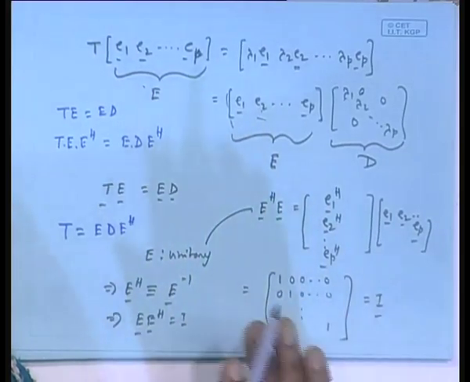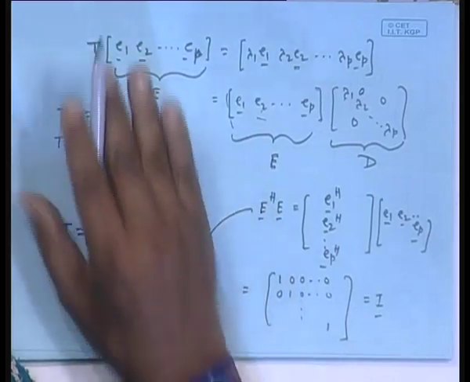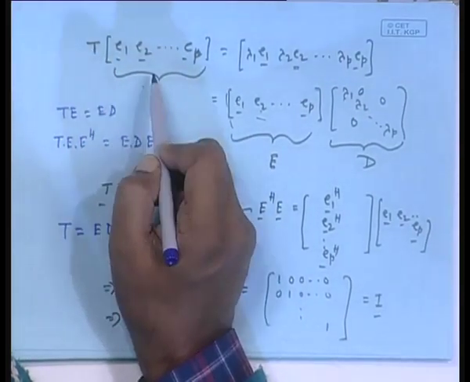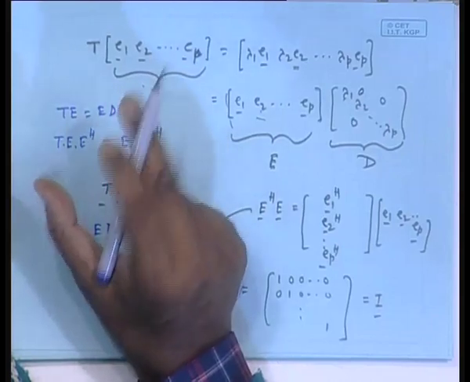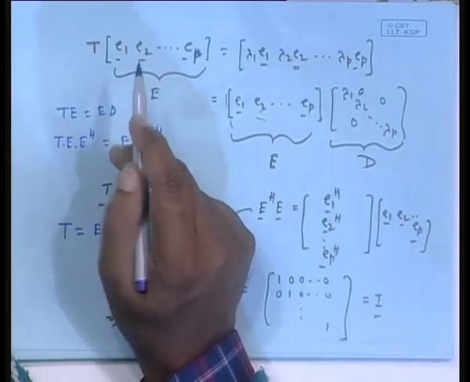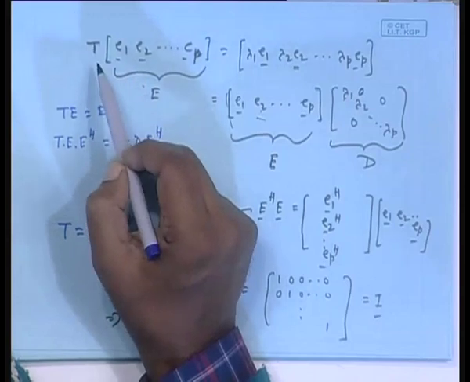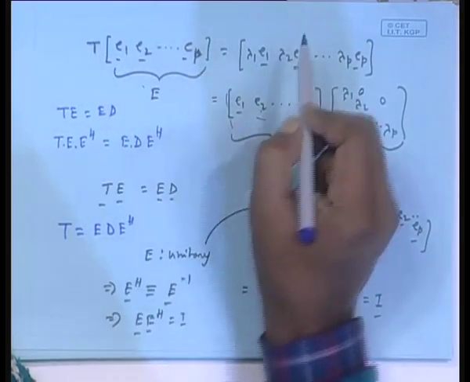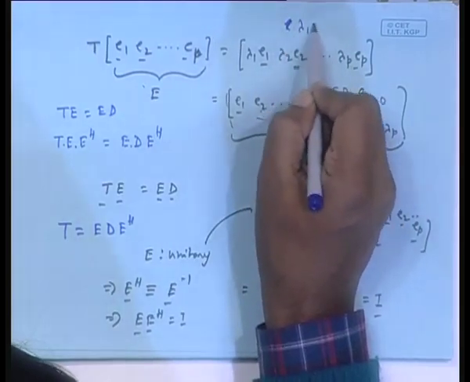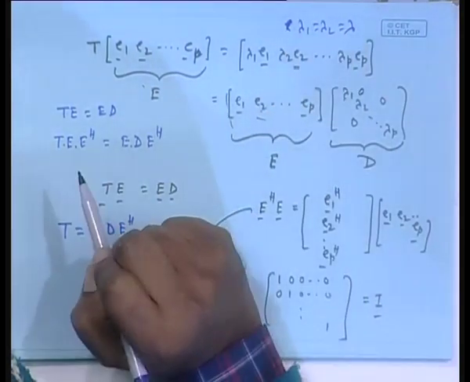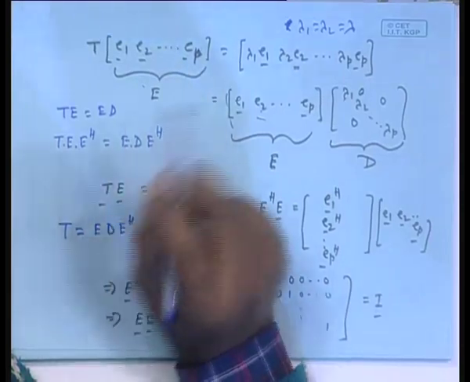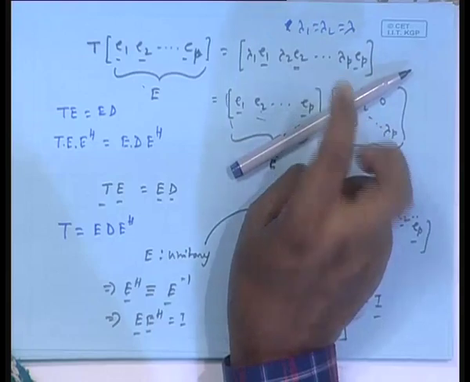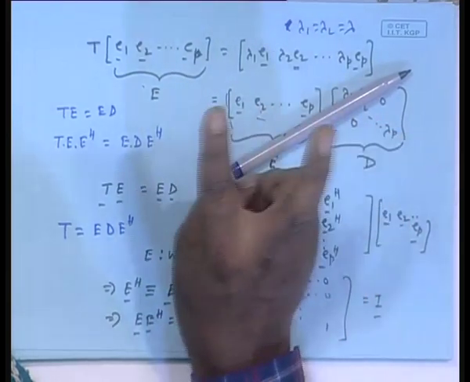There you have to just hear me out: in such cases for a Hermitian matrix T, I am finding eigenvectors and eigenvalues of a Hermitian matrix only. So for a Hermitian matrix, suppose an eigenvalue is repeated, suppose lambda 1 equal to lambda 2 equal to some lambda. Then given this lambda you can find two eigenvectors.